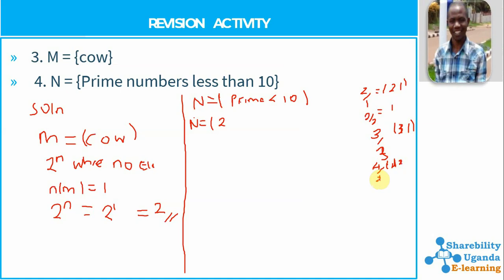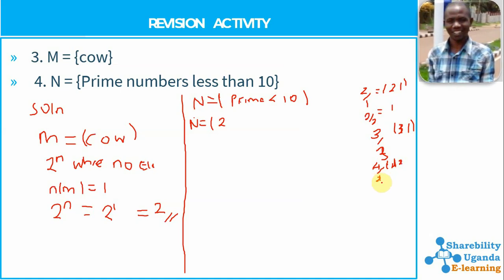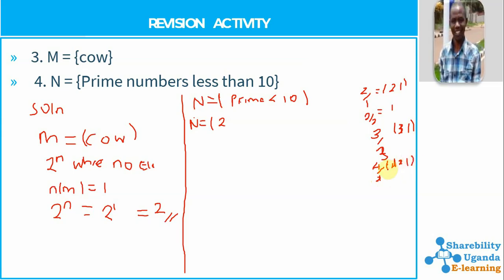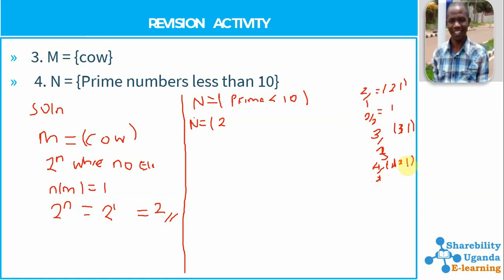What is 4 divided by 3? Impossible, it is not a factor. Then 4 divided by 4, we get 1. So we can see that 4 has factors 1, 2, and 4.